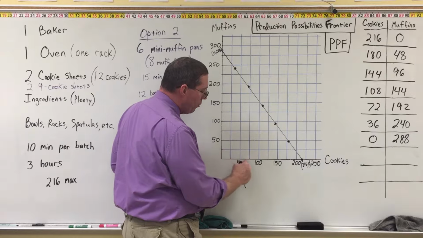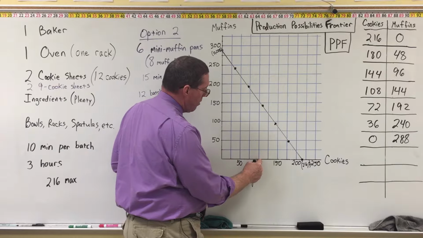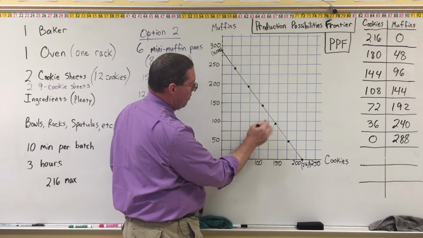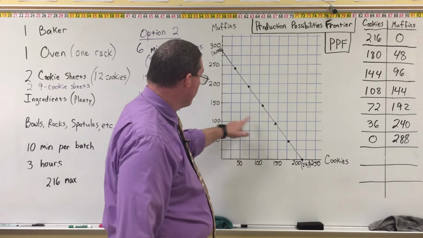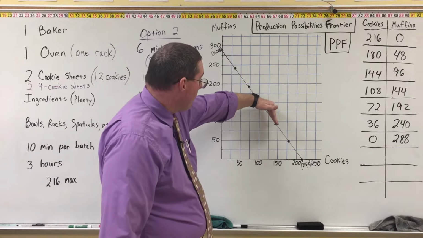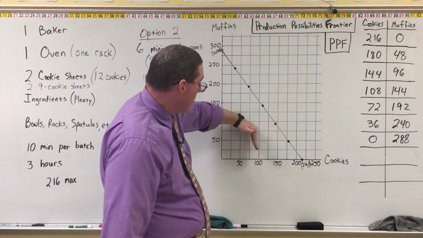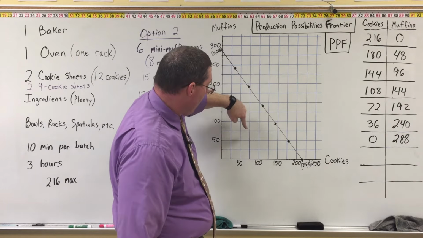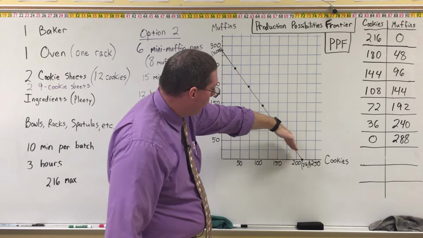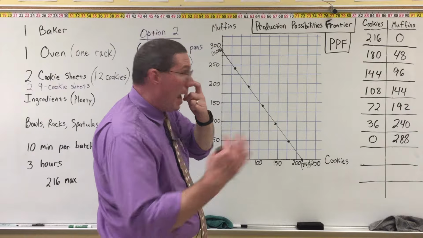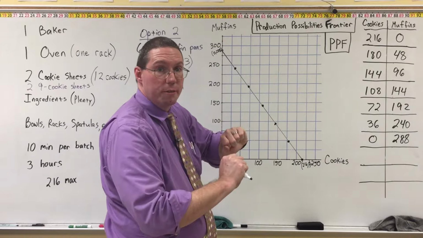So, could we produce 100 cookies and 100 muffins? Well, that's that point right there. The answer is yes. We could produce 100 cookies and 100 muffins, because that is on the inside. This is the inside, this is the outside. Inside of the frontier, outside of the frontier. The frontier is the curve itself. That's the edge. That's the limit of production.